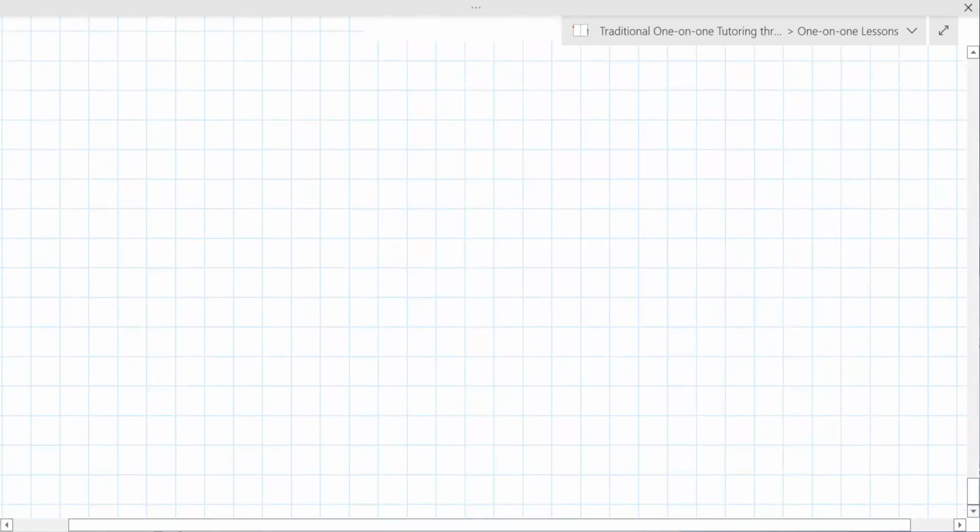So let's look at a new problem here. Let's go to a 2-digit problem, 48 times 31. So this is new. This is a 2-digit times a 2-digit.